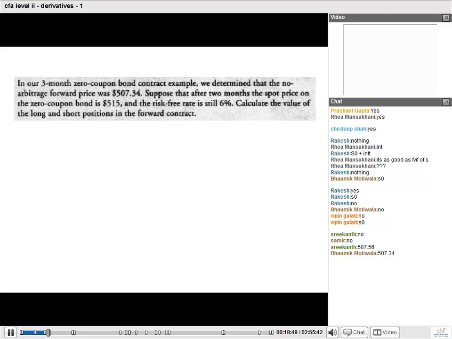Now guys, this is very interesting. So we entered into a 3-month contract. At t equal to 0, the price was $500. The contract was till t equal to 3.